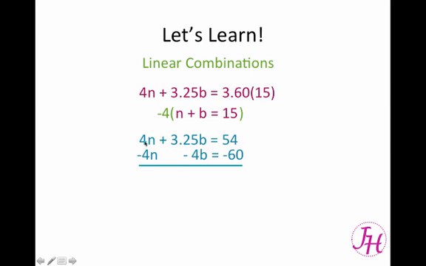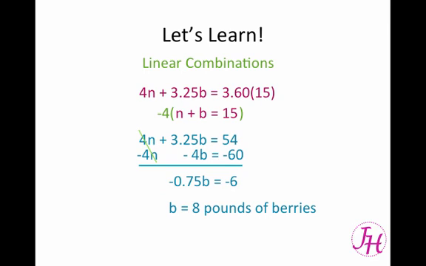So the n's will cancel, and when we take 3.25b and subtract 4b, we get -0.75b, and then 54 minus 60 is -6. And then again, divide both sides by your -0.75, and you get 8 pounds of berries.